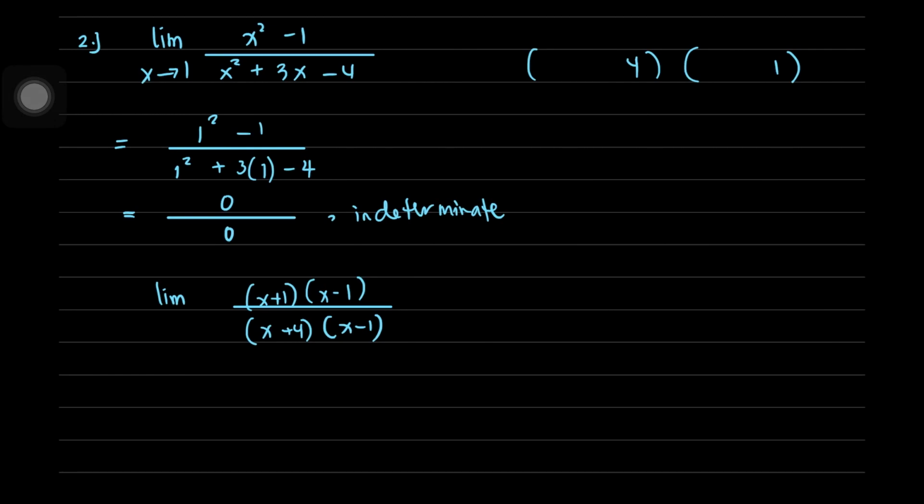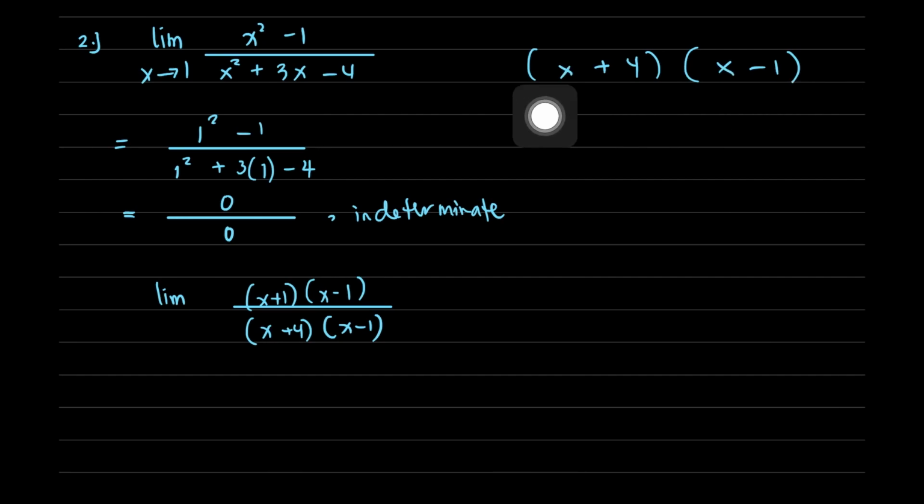However, I'm going to use 4 and 1 because the middle term is 3. Since the sign is negative, one factor is positive and one is negative, and it can be here or vice versa. Since the middle term is positive, this must be the positive one and this is the negative one. And then we have x and x here.